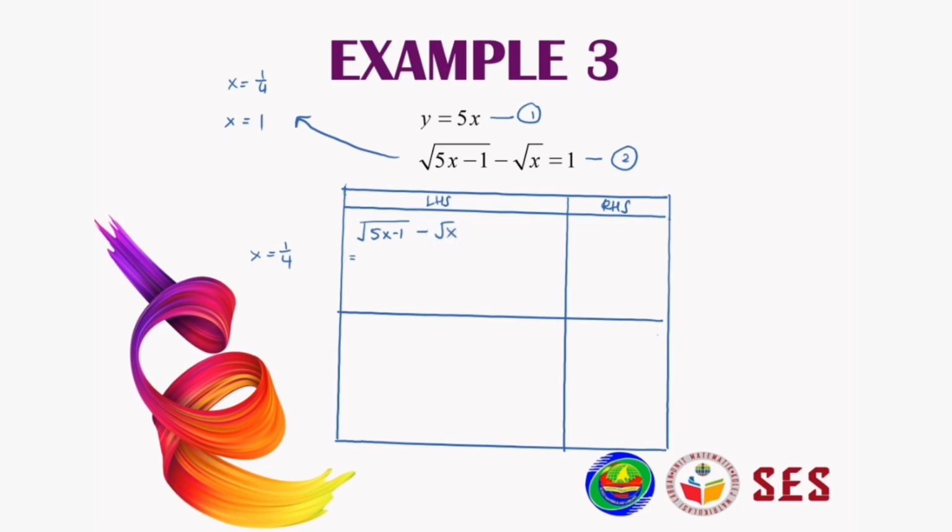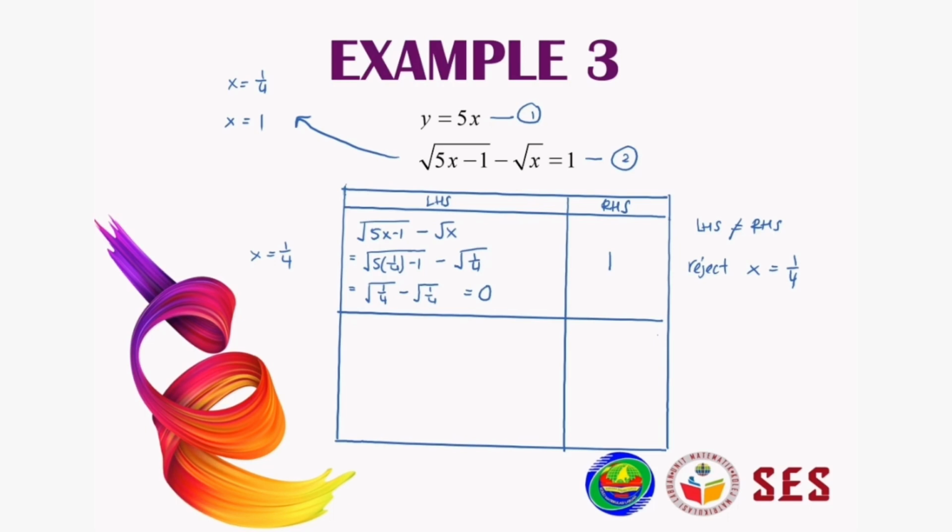We replace x with 1 over 4, and we have square root of 1 over 4 minus square root of 1 over 4, and we end up having 0. On the right hand side of equation 2, we have 1. Therefore, the left hand side and right hand side of equation 2 are not the same, so we reject x equals 1 over 4.